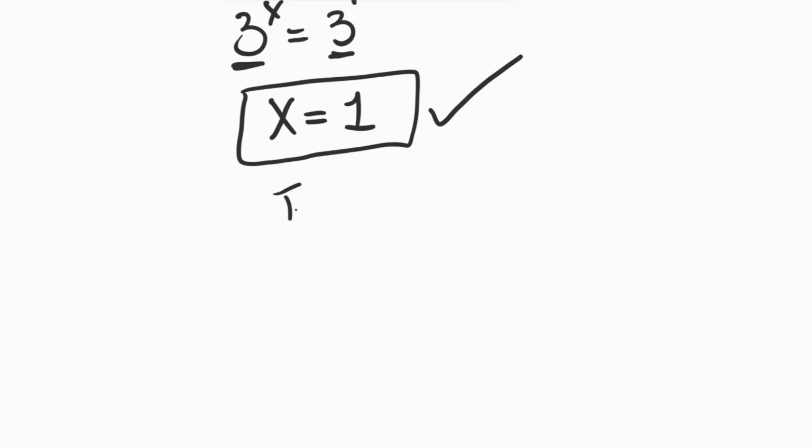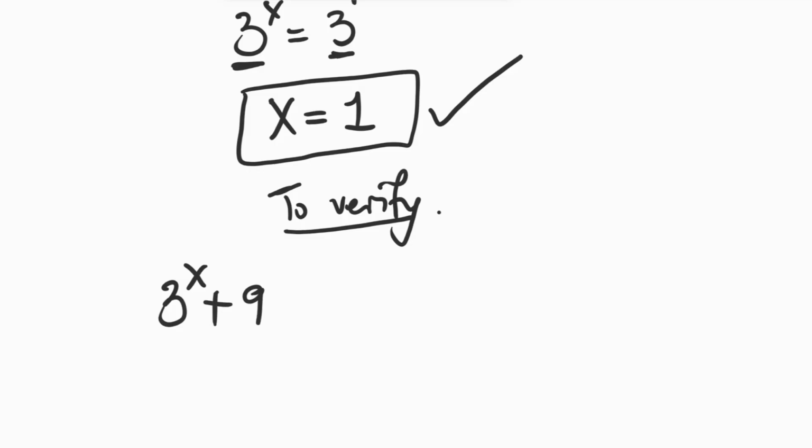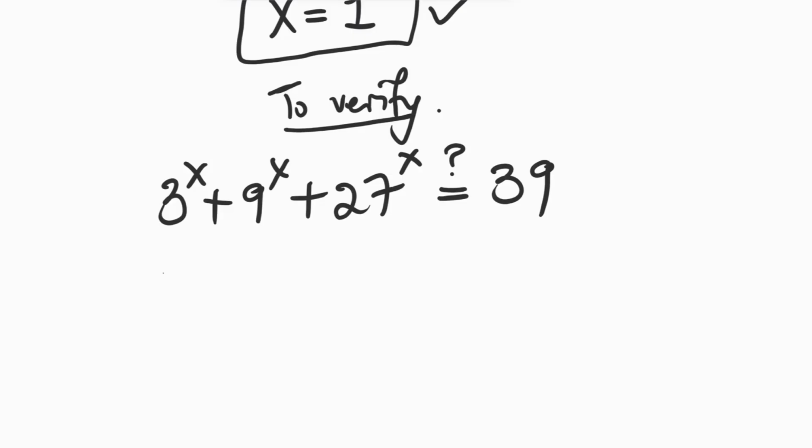Now, to verify that this answer is correct, all we need to do is just plug in the value of x into our initial equation, which is 3 raised to the power x plus 9 raised to the power x plus 27 raised to the power x. So we're just going to see if we plug in the value of x, if this is going to be equal to 39.